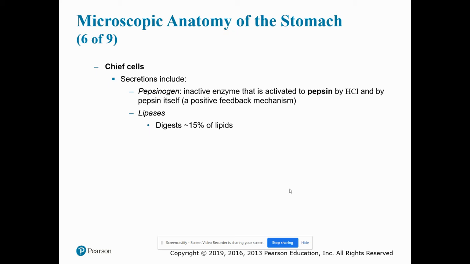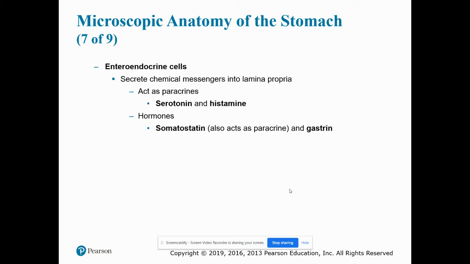Chief cells also secrete lipases, which are going to digest about 15% of lipids. Then there are the enteroendocrine cells, and they secrete chemical messengers into the lamina propria. Some act as paracrines, like serotonin and histamine. Others act as hormones, like somatostatin and gastrin. And somatostatin also acts as a paracrine.